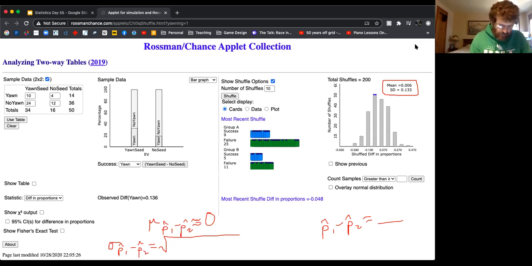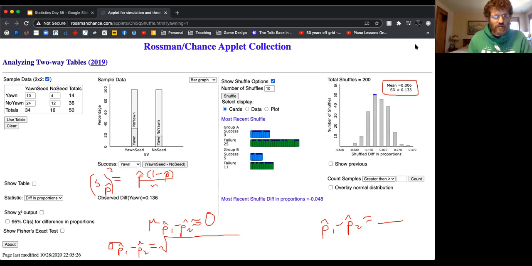The standard deviation of a sample proportion is the square root of p hat times 1 minus p hat divided by n. That means the variance is just each side squared. If I square the square root, then it goes away.